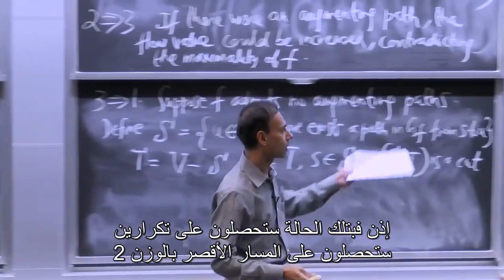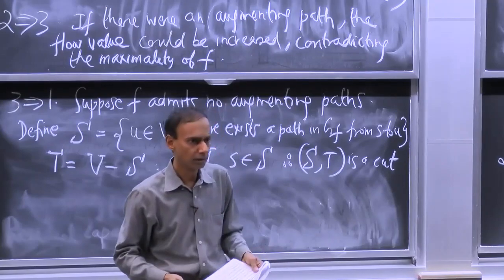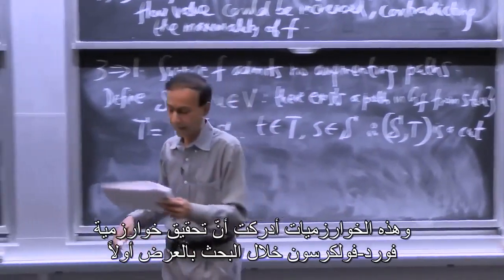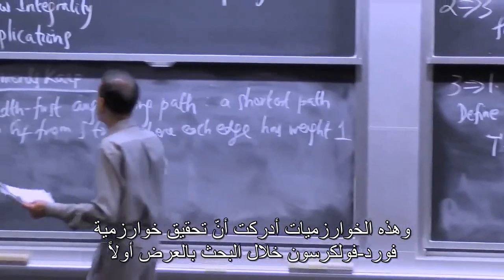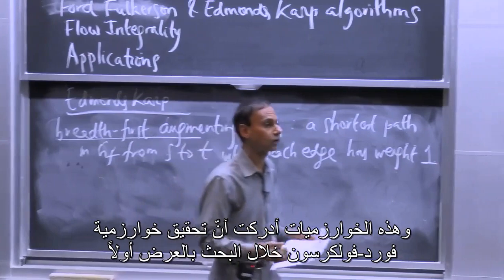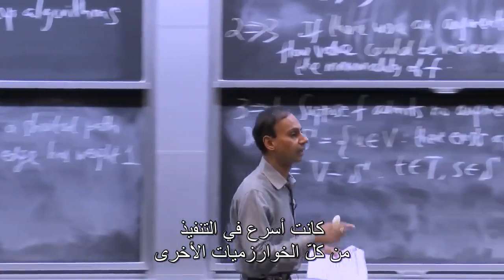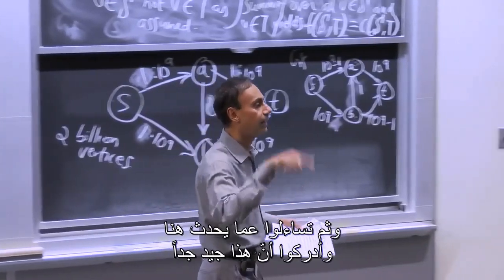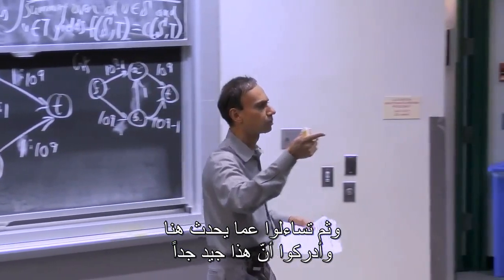Right? So in that case, you would get your 2 iterations. You'd get the shortest path of weight 2. Right? When I say weight, I mean just counting the number of edges. And Edmonds and Karp actually recognized that breadth-first implementations of Ford-Fulkerson were the ones that ran faster than all of the other ones. Right? And then they said, wait, what's going on here? This looks pretty good.